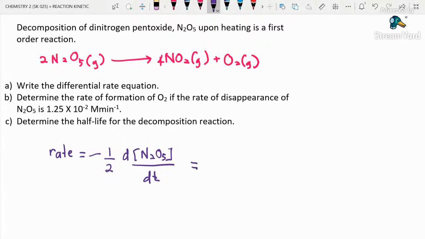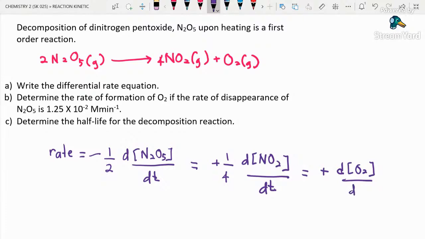Sama dengan positif 1/4 d[NO2] over dt. Sama dengan positif, tak ada kan, d[O2] over dt.